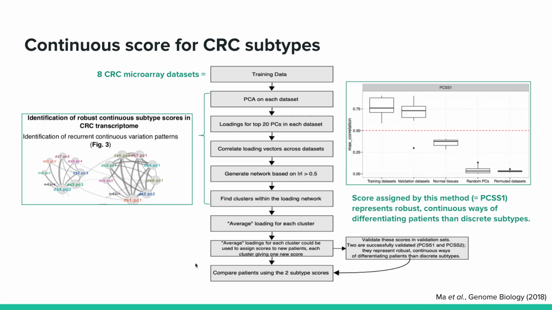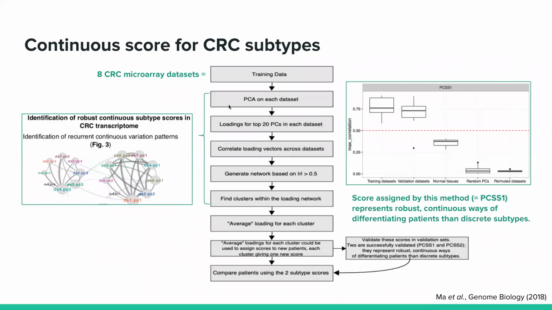And this came out of a meta-analysis of colorectal cancer microarray data sets with an attempt at identifying subtypes, which ended up being instead a proposal that there are no true subtypes, at least as far as the whole transcriptome goes, of colorectal cancer, and that there are instead some axes of variation that define a range of variation in the transcriptome.